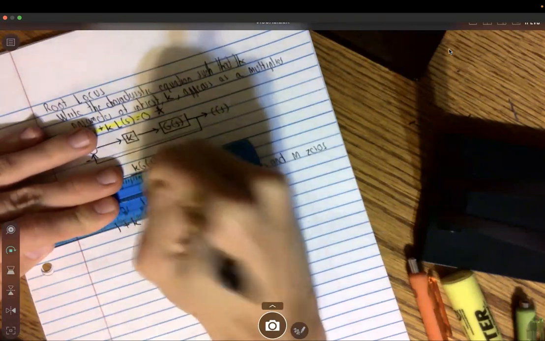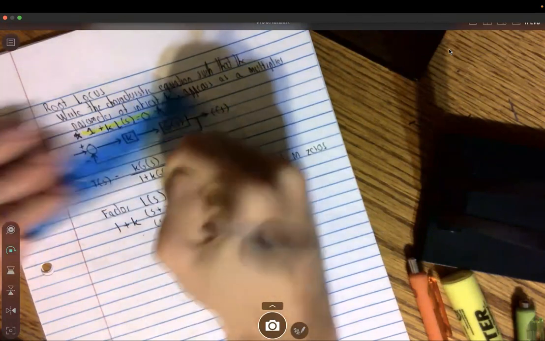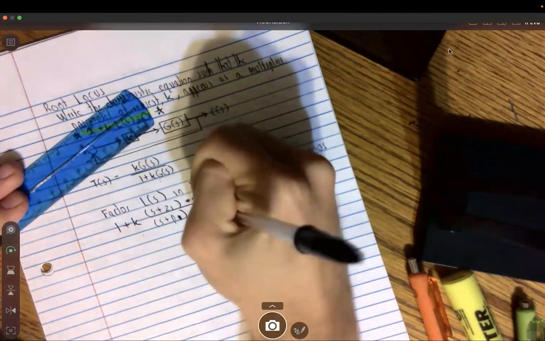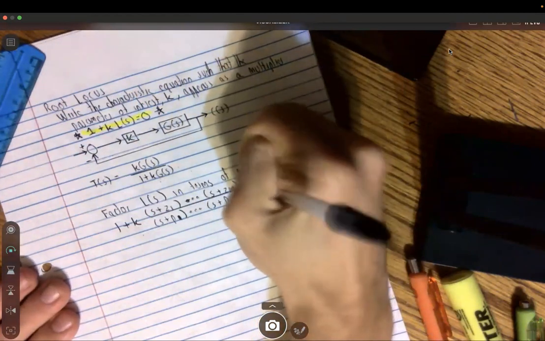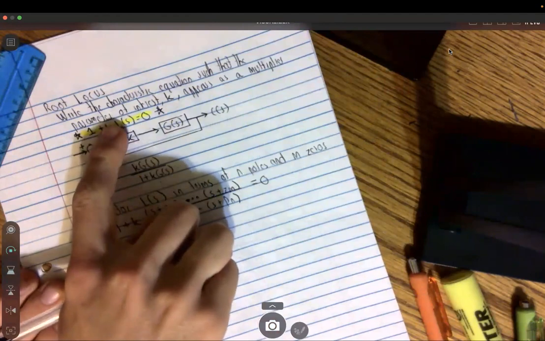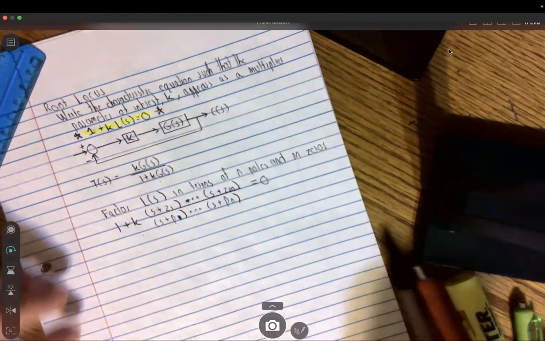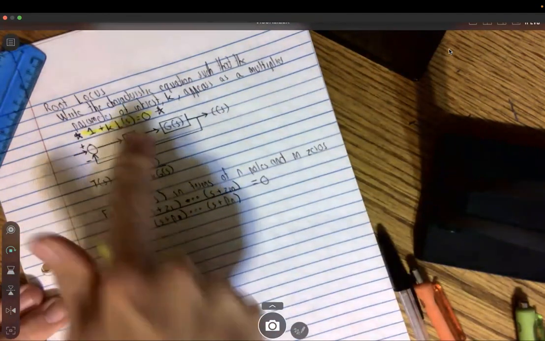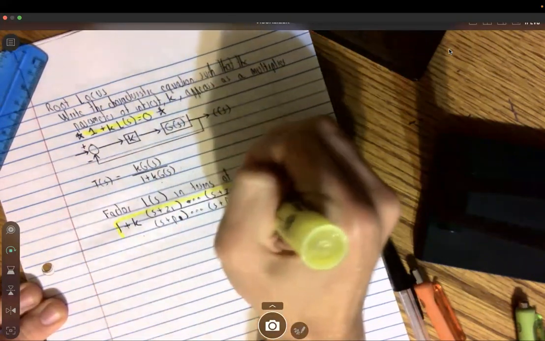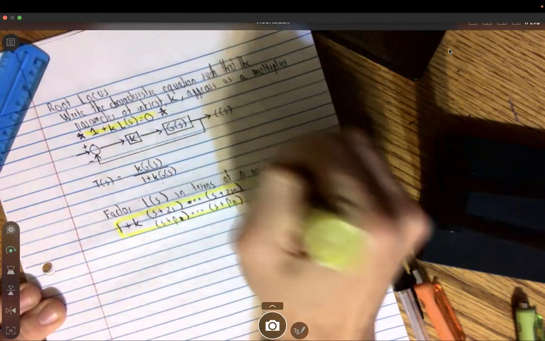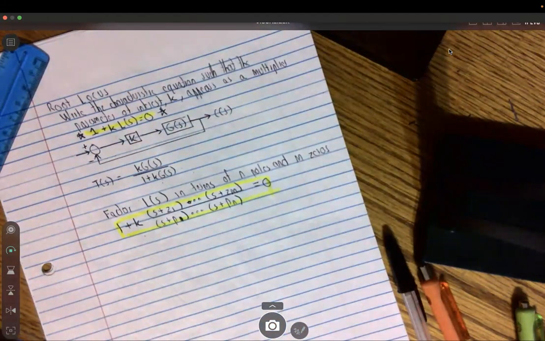So s plus p 1, multiplied by, all the way up to s plus p of n. And that's going to be equal to 0. Notice that's the exact same thing as my characteristic equation here. I just substituted in for L of s the zeros over the poles. Exact same thing, just substituting in for L of s.